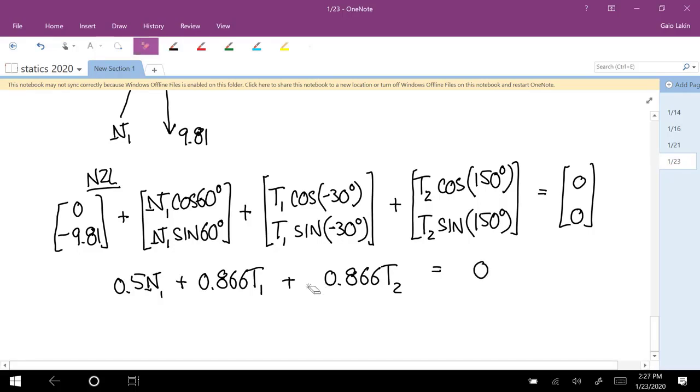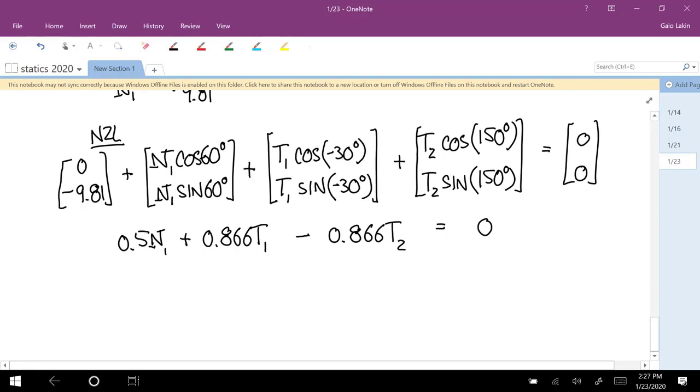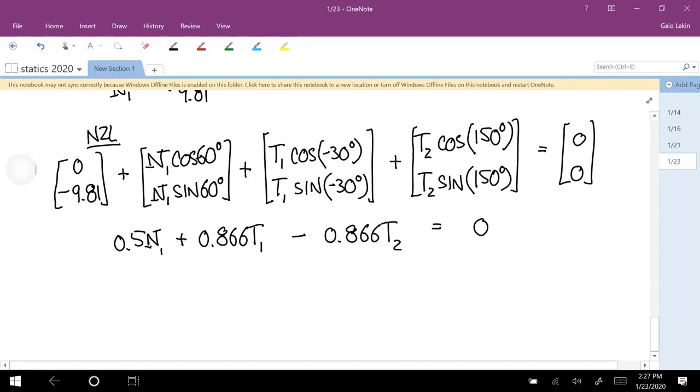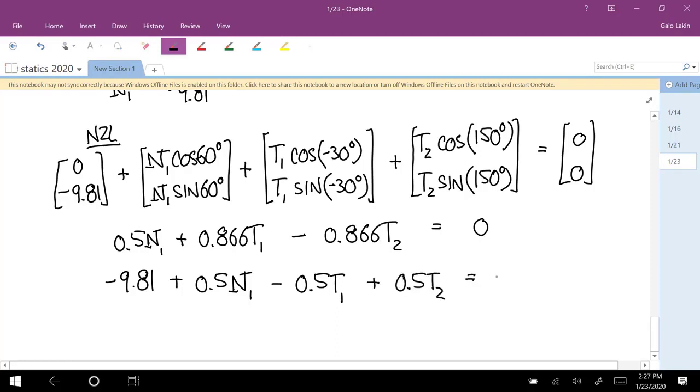I'll just make this minus. And we have a second equation that says negative 9.81 plus 0.5 N1 minus 0.5 T1 plus 0.5 T2 is equal to 0.